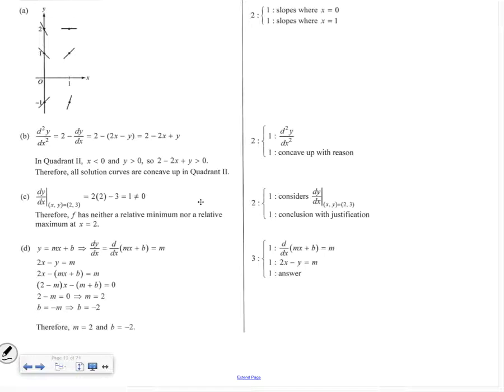And then part C, you get 1 point for finding dy over dx at 2, 3. And then 1 point for your conclusion with justification, so saying, well, there's not a max or a min because the slope isn't equal to 0 or it's not undefined, right? And then D, you get 1 point for finding the derivative of mx plus b is m, 1 point for setting 2x minus y equal to m, and then 1 point for your answer.